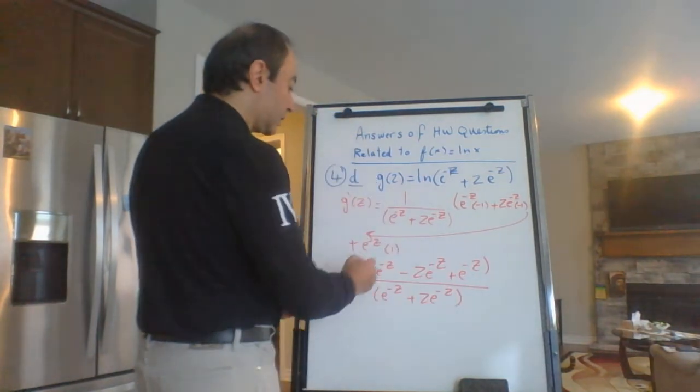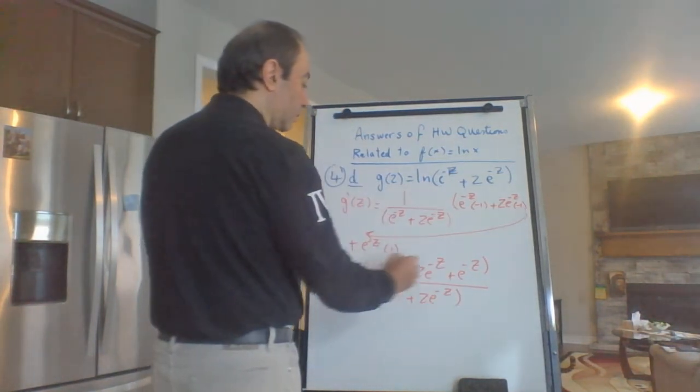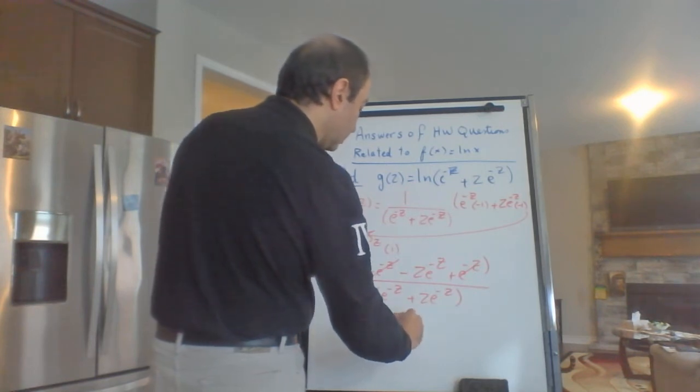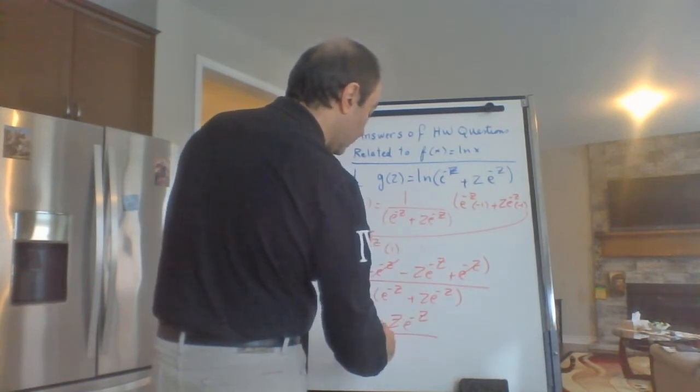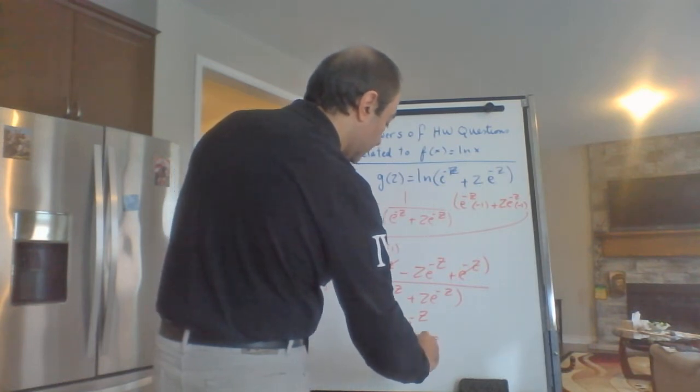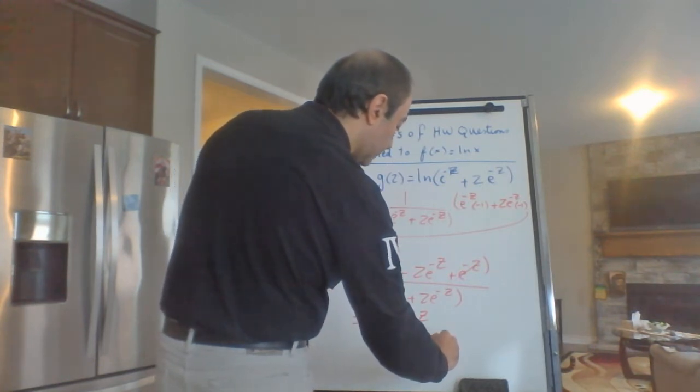This and this cancel out, so what remains is negative z e to the power of negative z over e to the power of negative z plus z e to the power of negative z.